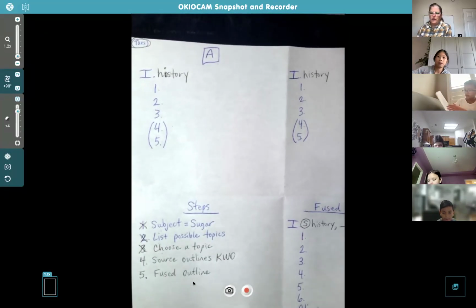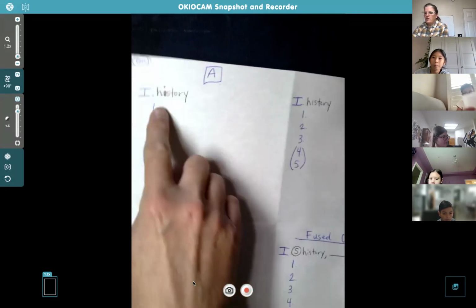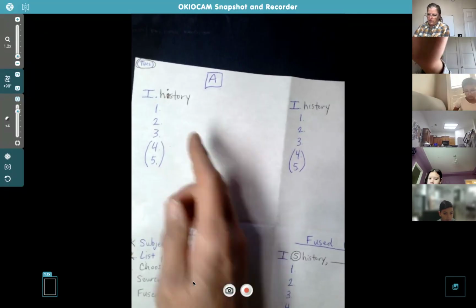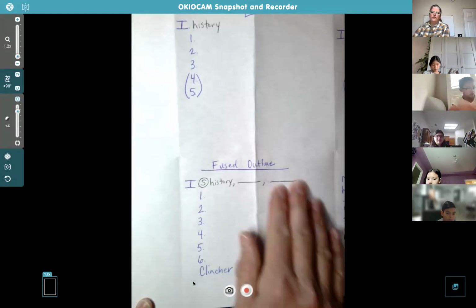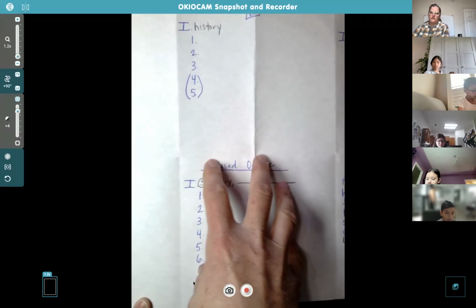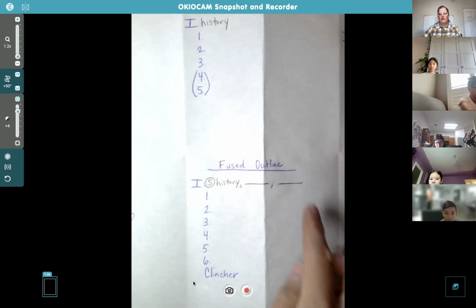This is from last week. We've got A and B and C, and you guys did Roman numeral 1, which was the history of sugar. And then you fused it together right here in the fused outline and used this for your paragraph. What you did was take a little bit from A, B, and C and combine it here.